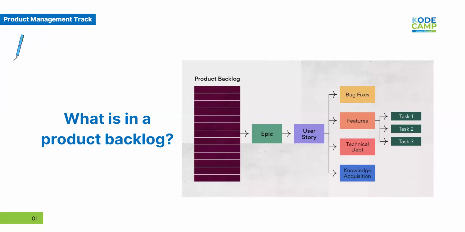And not every feature is the same size. Some will be large, and those are your epics, while some will be small, fast, implementable user stories, right? Those are your epics broken down.